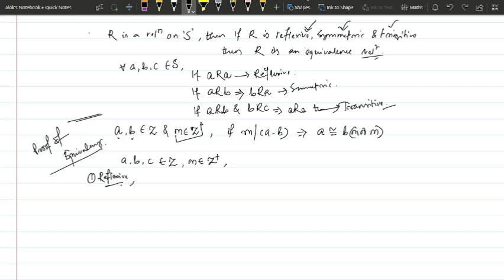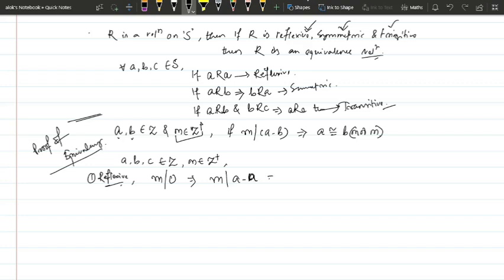Now we know that M divides 0. 0 is divisible by any integer. So this can be written as M also divides A minus A, as A minus A is 0.